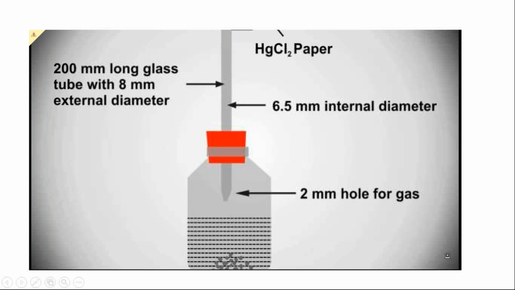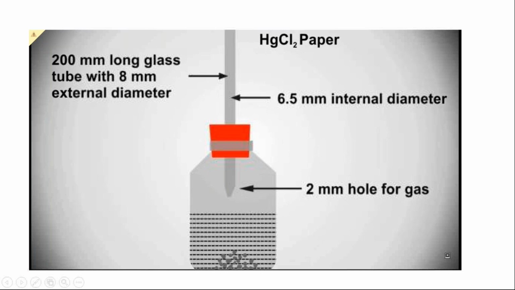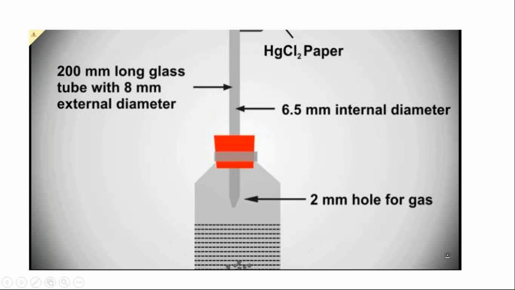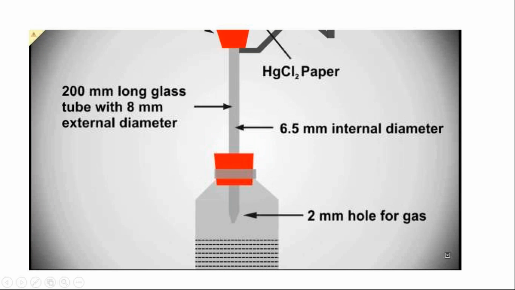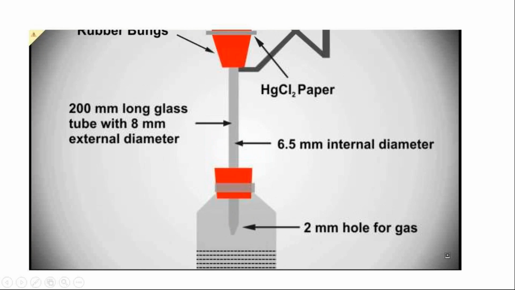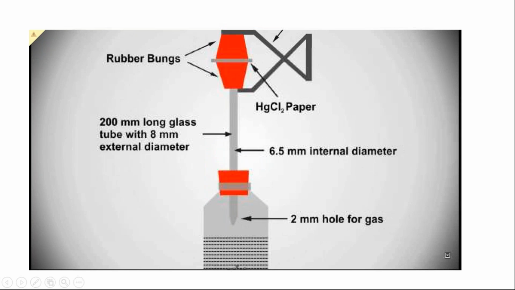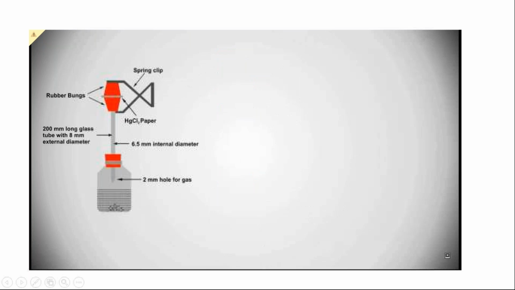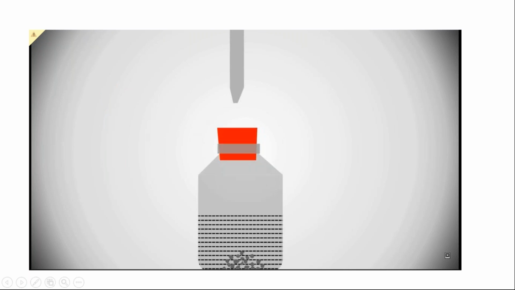Arsenic limit test apparatus consists of a 120 ml capacity wide mouth bottle fitted with a rubber bung through which a glass tube of approximately 20 centimeters and 6 to 8 millimeter diameter is passed. One end of this tube is constricted like that of a pipette with 1 millimeter diameter, having a hole of 2 millimeter diameter.